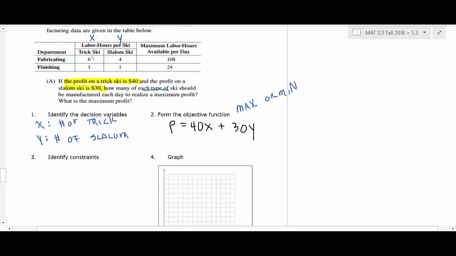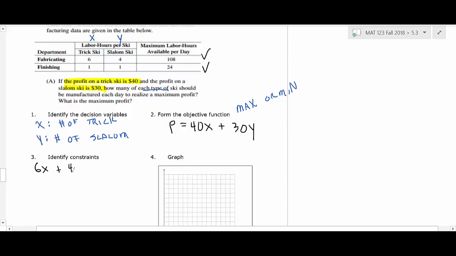Now what you're going to do is look at your table, and the table will pretty much tell you what your inequality is. So you're going to have an equation for each row. It's going to go like this. You'll have 6x. That just means every trick ski requires 6 hours of labor to fabricate it, and then plus 4y.